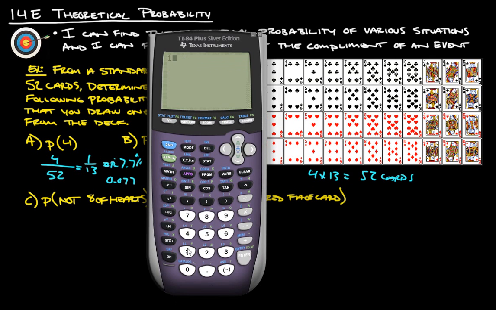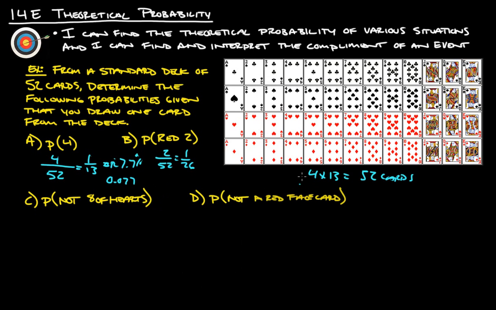And we could figure that out: 1 divided by 26 is 0.0385, or 3.85%.